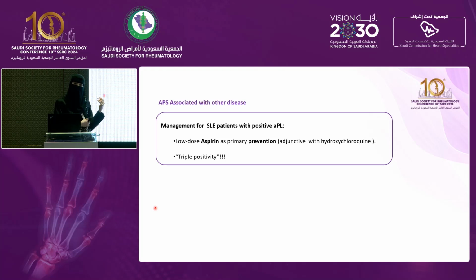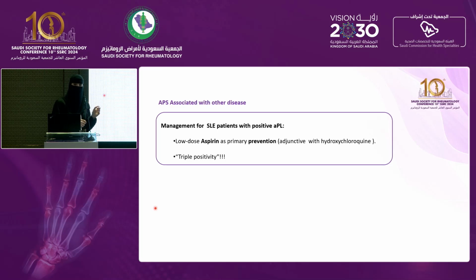We know that hydroxychloroquine has a preventive effect in patients with SLE who have antiphospholipid positivity. However, the recommendation is to add low dose aspirin for patients with SLE, especially if the patient has triple antibody positivity, meaning positive anti-beta-2 glycoprotein, anticardiolipin, and lupus anticoagulant.